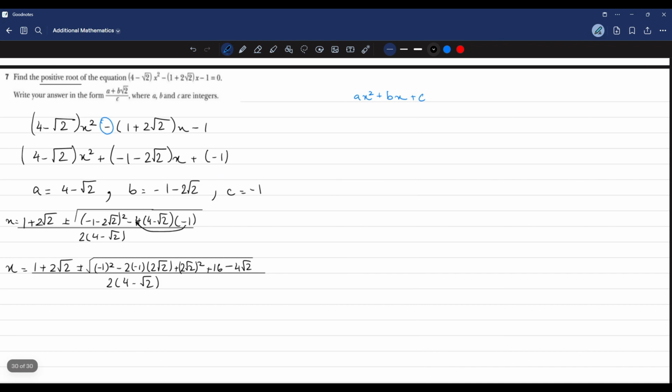Now, if I were to simplify this, I would get x equals 1 + 2√2 plus minus the square root of a squared is 1. This would be −2, 2 multiplied by −2 multiplied by −1 would become positive 2, and this would become 1 + 4√2 plus 2 squared is equal to 4, and √2 squared is equal to 2.